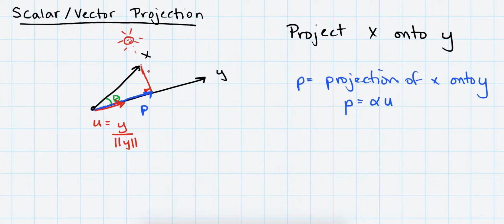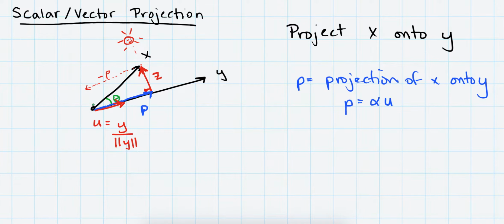Well, first thing we're going to do is look at this vector here. We're going to call this vector z. What is z in terms of x and p? Well, z starts at p and ends at x. How can we write that? Well, it's like going up x, and then if we go backwards p, let's say this is negative p, what do we get?